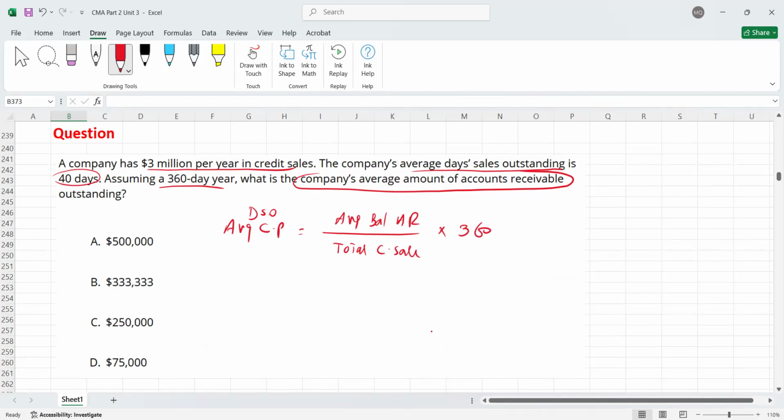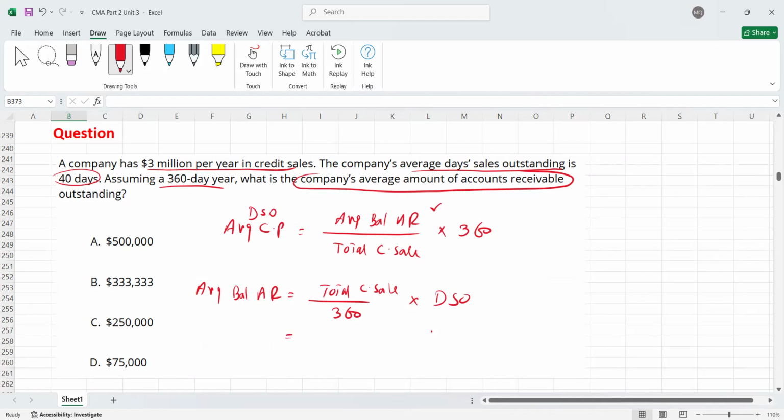But he's asking about account receivable, so we need to rearrange this formula. Average balance of account receivables equals total credit sales divided by 360 multiplied by DSO, or average collection period.